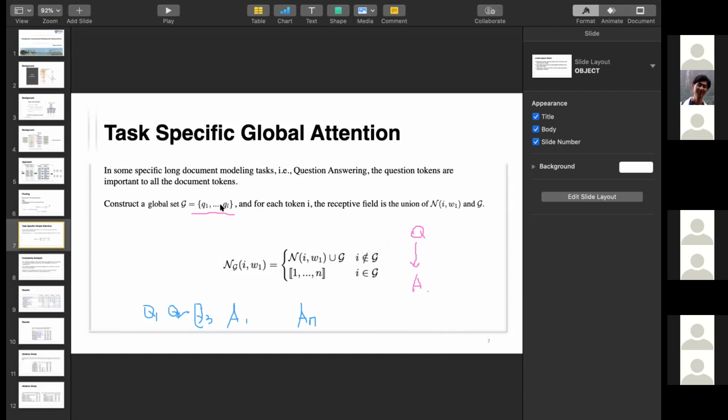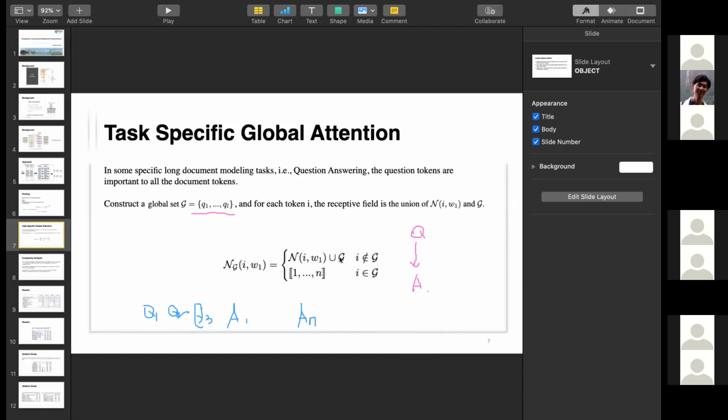And for each token, there is a set G. The first line here means that for a token that is not in G, which means it is in the answer and not in the question, it will attend to the sliding window and all the question tokens. What do you mean by attend to?